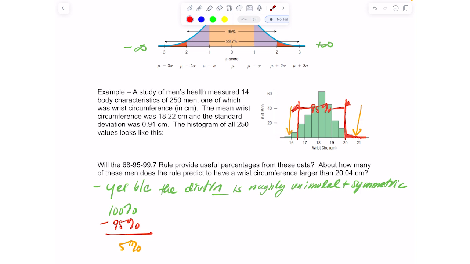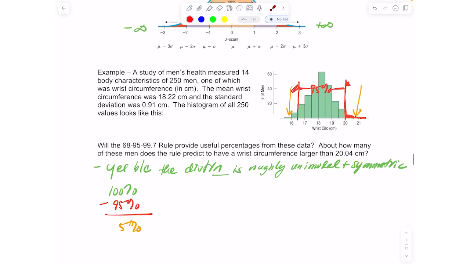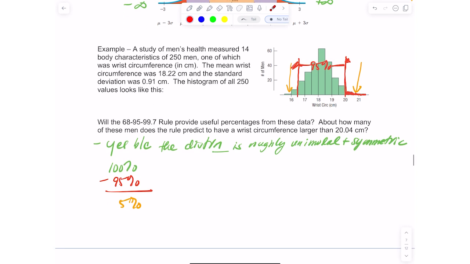Since both of these are the same, I need to take this 5% and divide by 2. 5% divided by 2 is 2.5%. So that represents 2.5% of the 250 men who will have a wrist size larger than 20.04 centimeters.